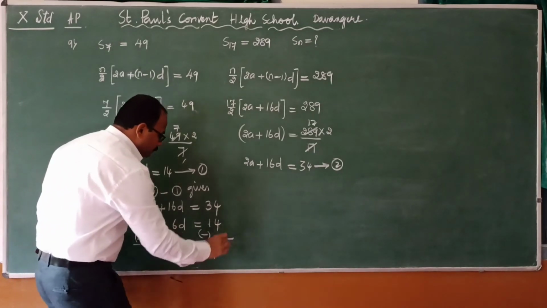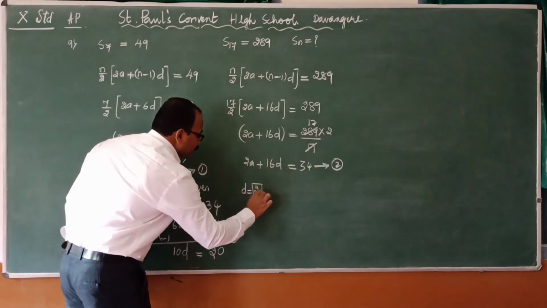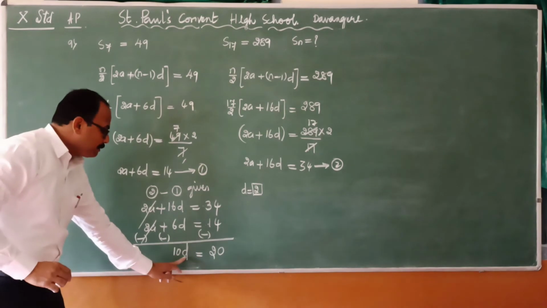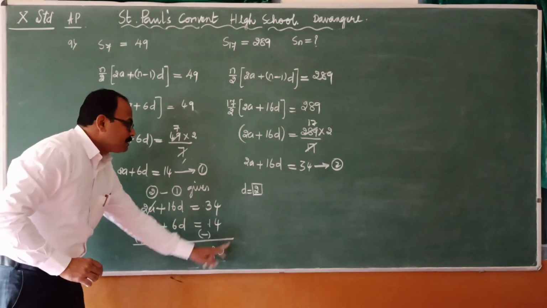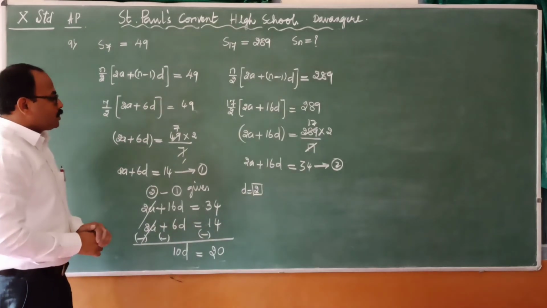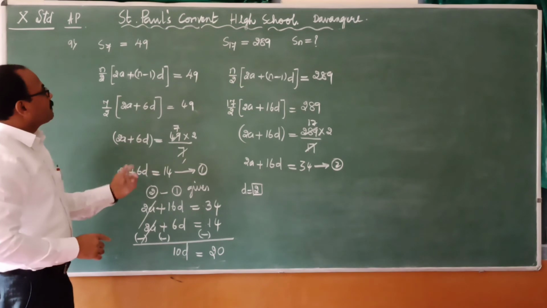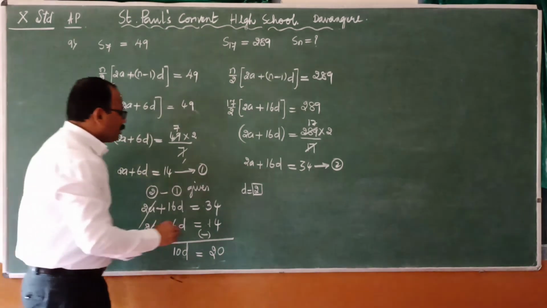d will be equal to 20 divided by this 10. Therefore, 10 cancels. d will be equal to 2. Take this value and substitute in any one of the equations to find the value of a. Let me take equation 1.